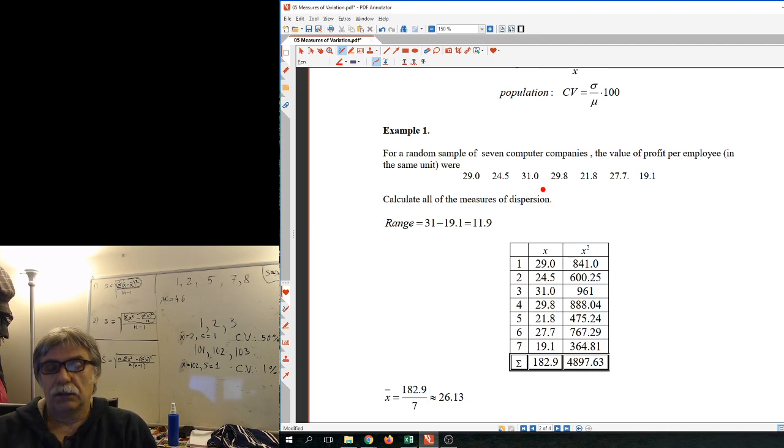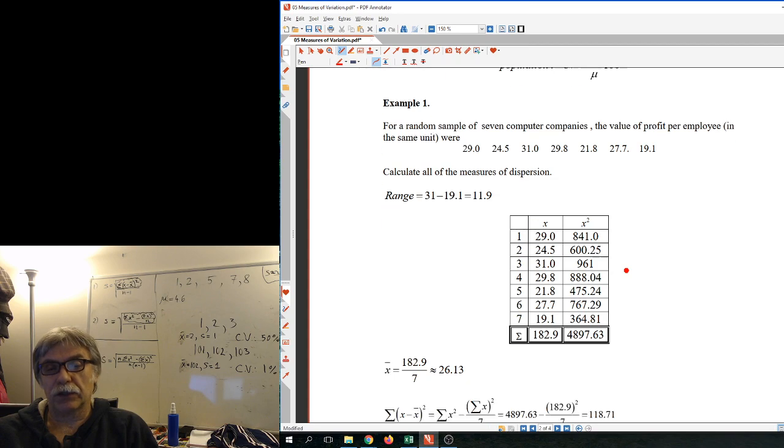Now, what's the standard deviation of the sample? Well, first of all, range. Range: 31 is the biggest number. The smallest number is 19.1. And you subtract that, it's 11.9, $11,900. Okay. And then I'm doing the calculation for standard deviation.